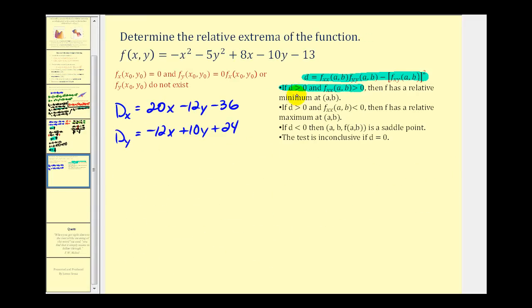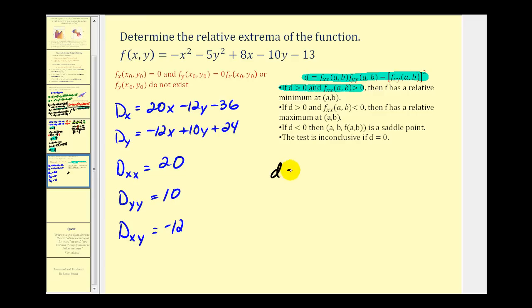So now we're going to determine the second order partials to determine the value of d. So this will be the partial derivative of this with respect to x. That'll give us 20. The second order partial with respect to y would be positive 10. And then the mixed second order partial would be the partial derivative of this with respect to y. That'll be negative 12.